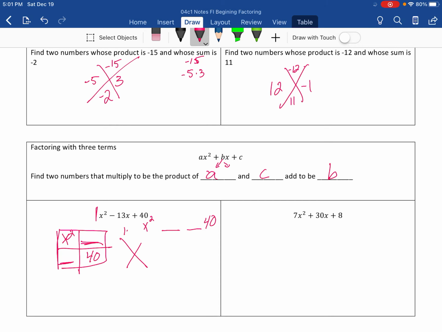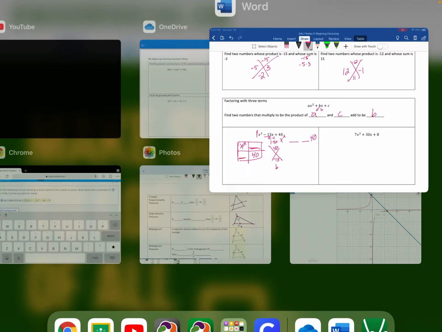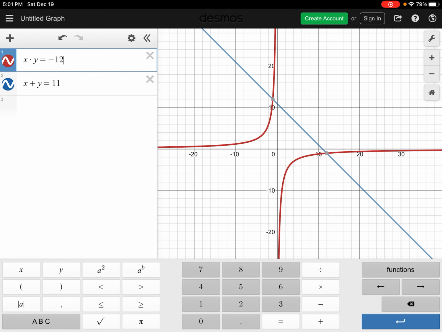In this case, I'm going to be finding two numbers that multiply to 1 times 40, which is 40, because that's A times C, and they have to add to be B, which is negative 13. We can go to Desmos and find those numbers, so 40 and negative 13.